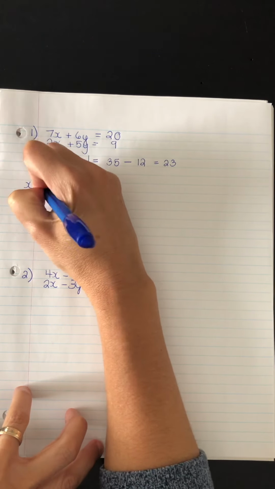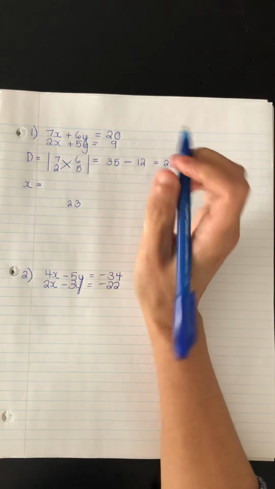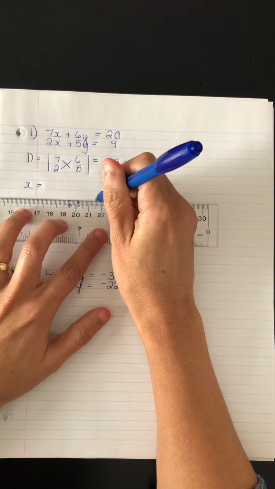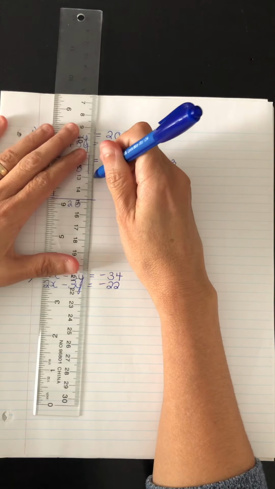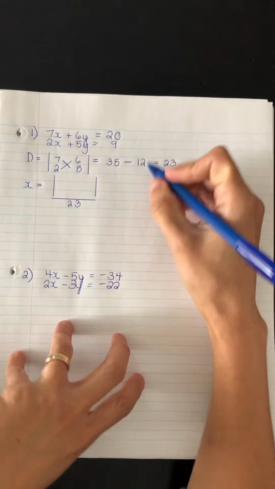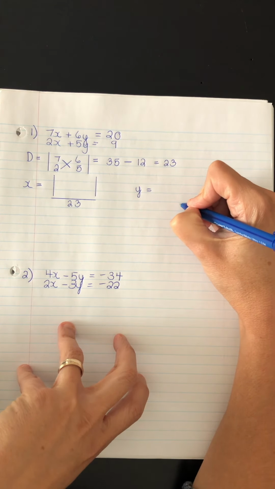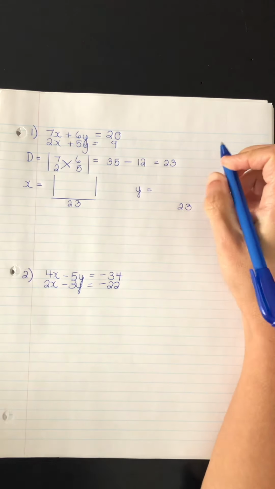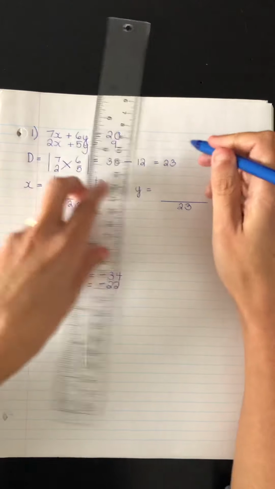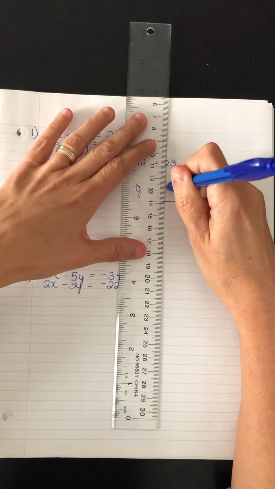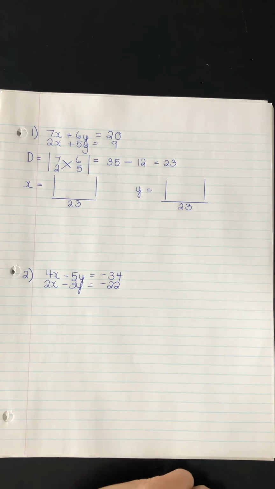And so that number is going to be our denominator for our x value answer. And it's also going to be the denominator for our y value answer. And what we need to do is form the appropriate numerators.